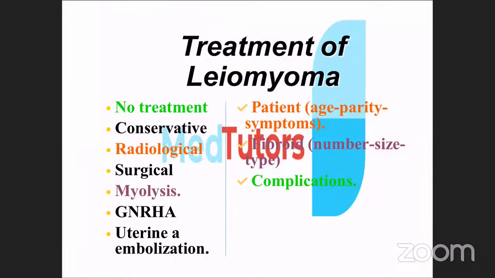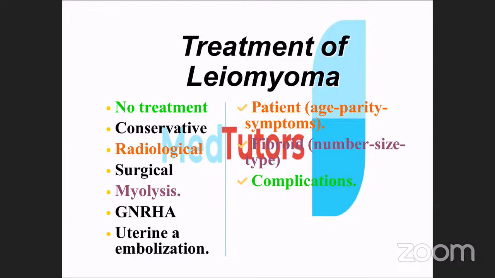What's the treatment? A large number of patients with uterine fibroid are found incidentally. The woman has come for infertility evaluation. As part of the routine check, she's asked to do ultrasound, and they say she has some fibroid. They don't do anything.